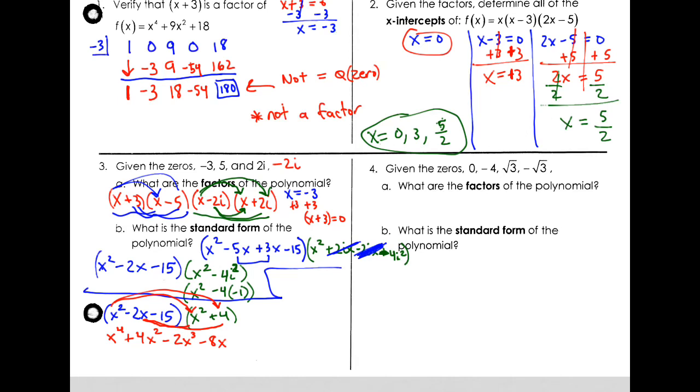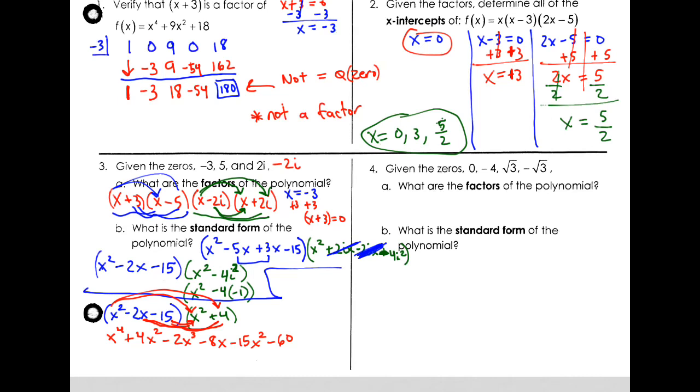Then last but not least, you got negative 15 times x squared is a negative 15x squared. Then you got a negative 15 times a positive 4, and that becomes a negative 60. So lots of multiplication here. I mean, this was just a larger one.